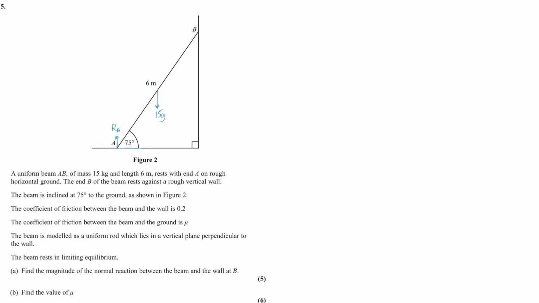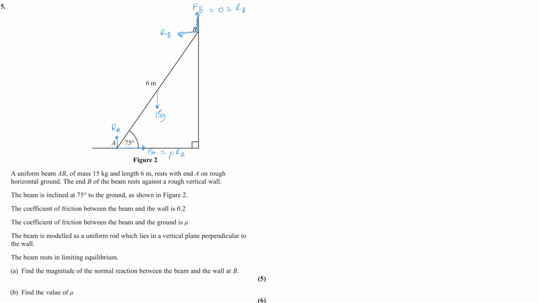So this has a friction acting to the right here at A. And then similarly up here we've got friction acting at B, and the normal reaction there at B. And the friction between the beam and the wall is 0.2, so this FB is 0.2 RB, and this friction at the ground, we don't know that, so it's just mu RA.